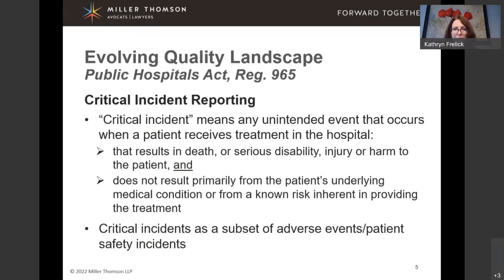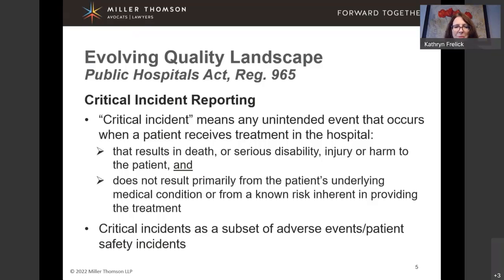So it's not every situation where there's a death. It's where there's something unexpected or unintended, an event. There's different terminology for it, whether it's a patient safety incident or an adverse event.